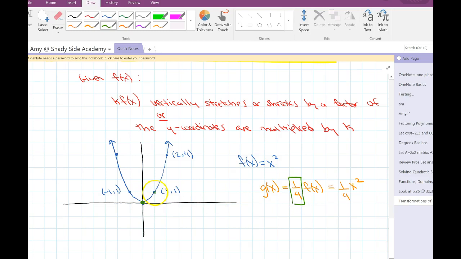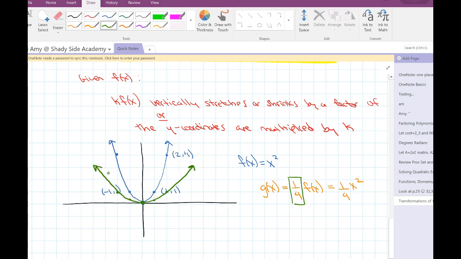But (1, 1), look what happens. (1, 1) becomes (1, 1/4). And (-1, 1) becomes (-1, 1/4). (2, 4) becomes (2, 1), and (-2, 1). And we can do more points, certainly, but look what happens.